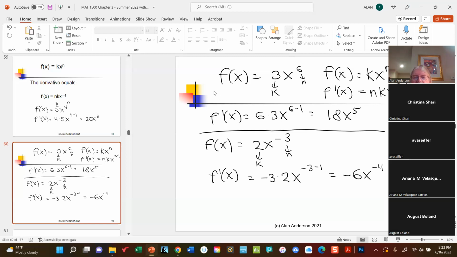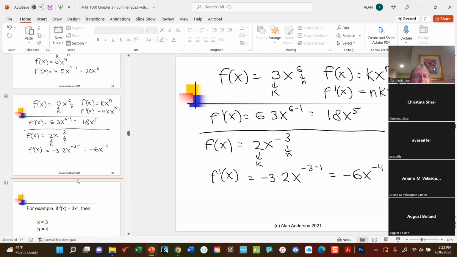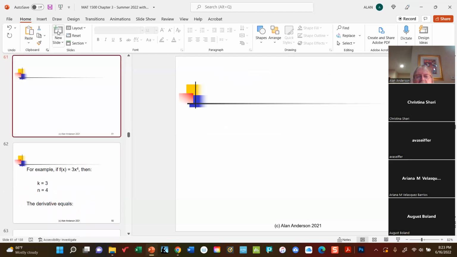All right, well, while we're at it, let's do another one. Let's have two negatives. Let's say f of x is minus 2x to the minus 4 power. Okay, this is k. This is n.